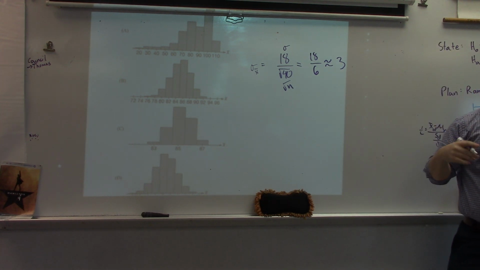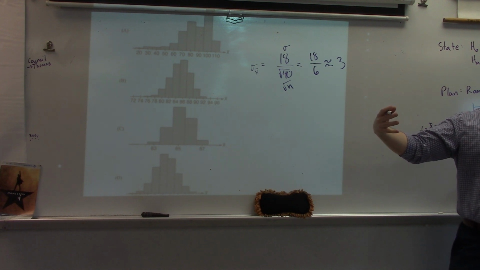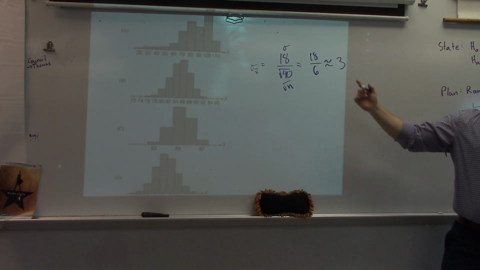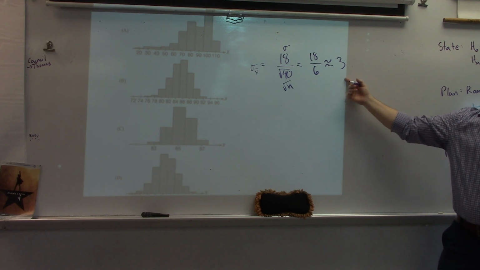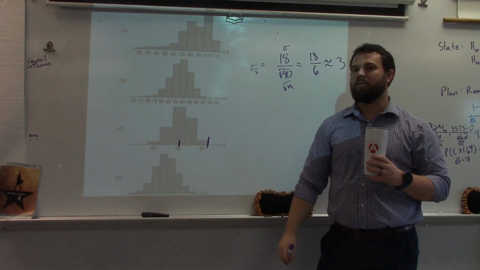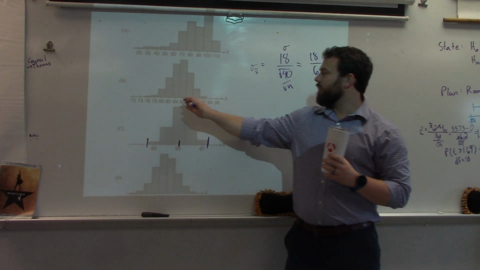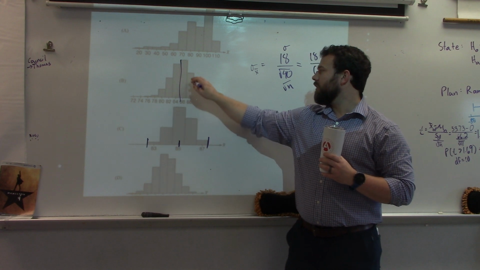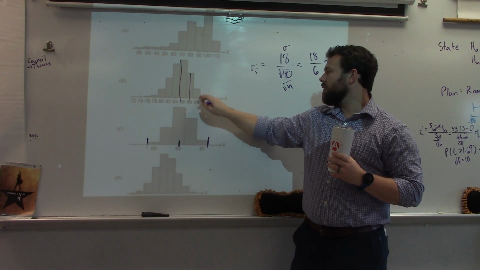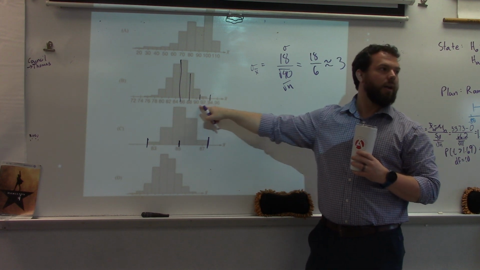And how many standard deviations should it go in either direction? It should go roughly 3 standard deviations in each direction. Notice this goes 1 standard deviation to the right, 1 to the left. But for this one, from 85 there's 88, 91, 94. You see how it gets 3 standard deviations to the right?